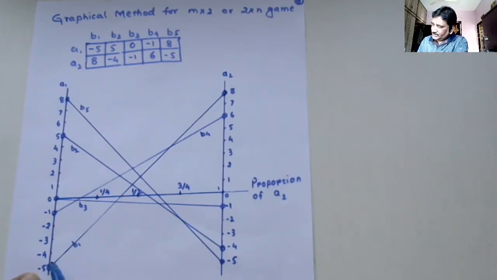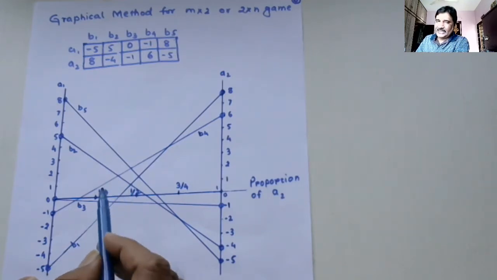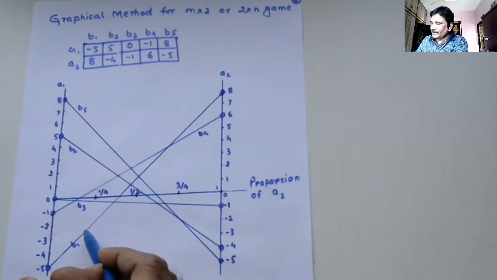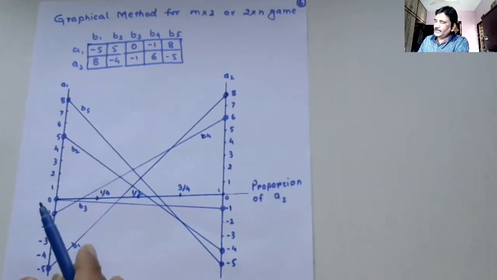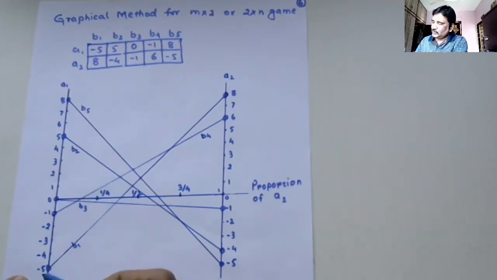So player B still continues to play B1, but what is happening is the loss to player B is increasing and gain to player A is also increasing, as player A is increasing the proportion of course of action A2.